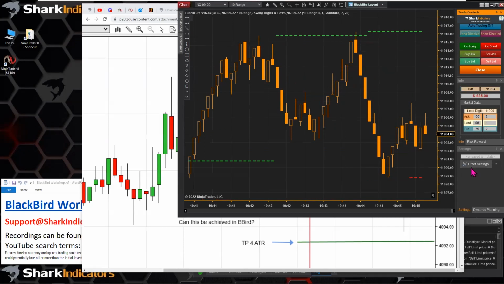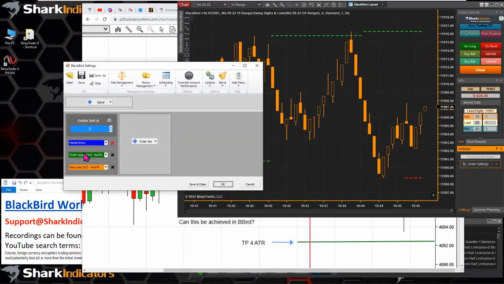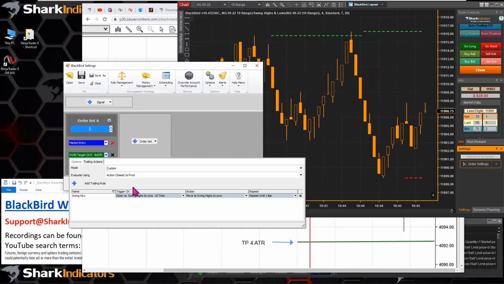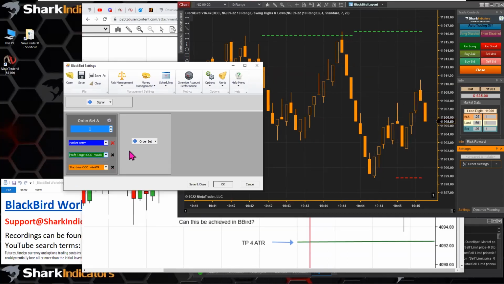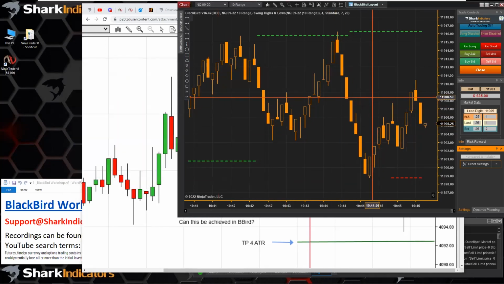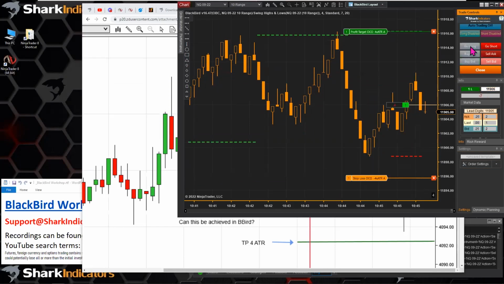Hold on, let me double check the trailing rolls here. Action: closest to price. Well, let's try furthest from price. Maybe those labels might be backwards for the profit target. All right, let's try this again.